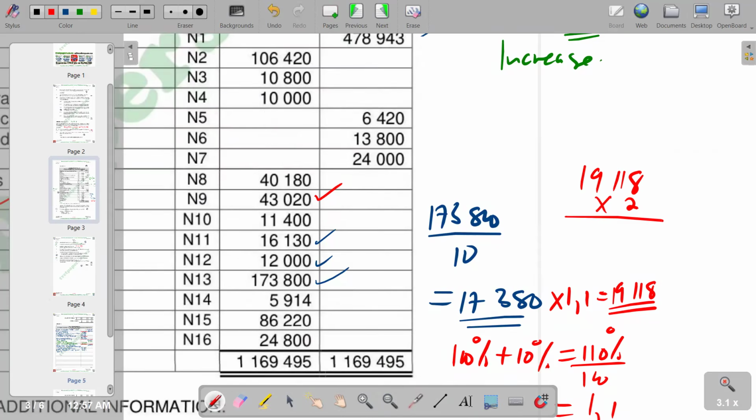So basically, this is the total salary that is outstanding, which we need to add to the salary that we are given in the list of balances.